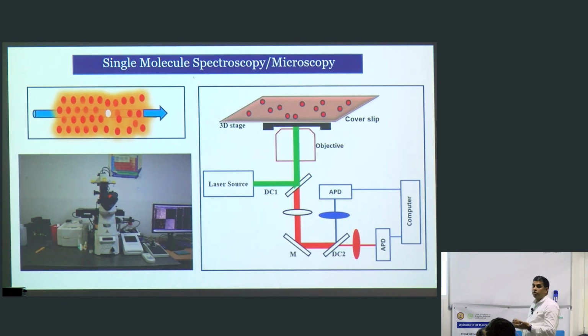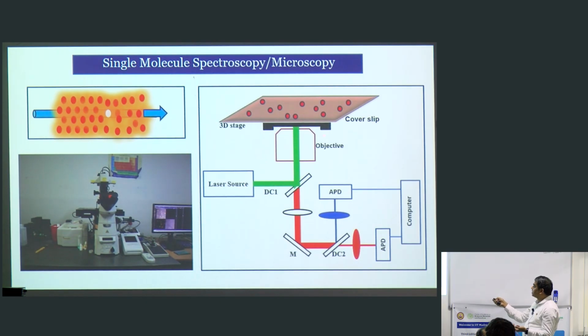On the cover slip, you use a simple spin coating technique: the slide is rotating at 3000 or 5000 RPM and you put one drop of nanomolar concentration, and you end up with individual particles sitting here.